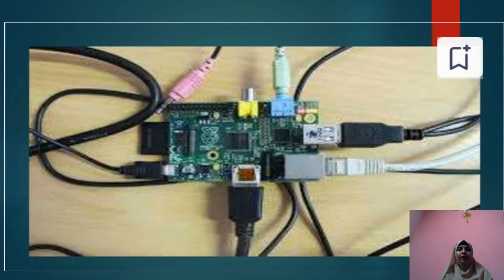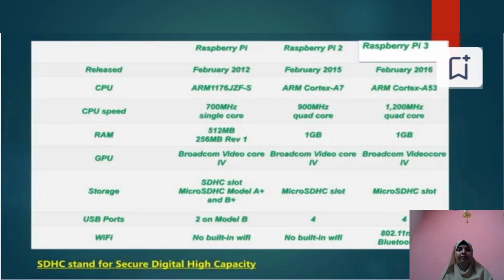So here is a diagram which will help us to know about the Raspberry Pi. Here we can have a look at the Raspberry Pi, Raspberry Pi 2, Raspberry Pi 3. It was released in 2012, in Feb 2015 Raspberry Pi 2, Feb 2016 Raspberry Pi 3. CPU is ARM 1176. For Pi 2, ARM Cortex A7, ARM Cortex A53 is for Raspberry Pi 3.